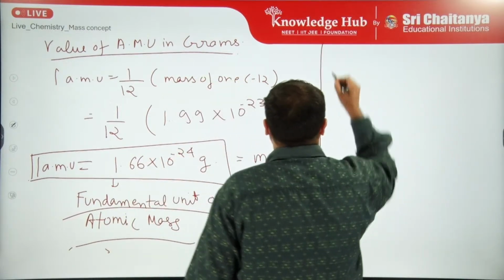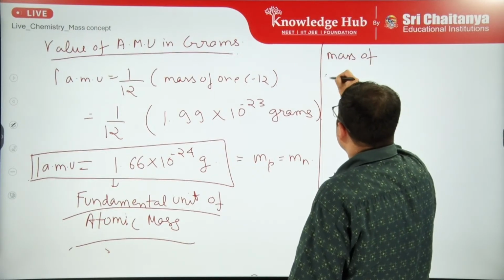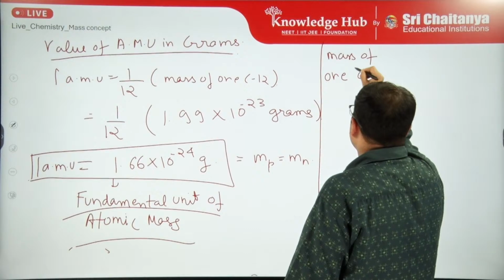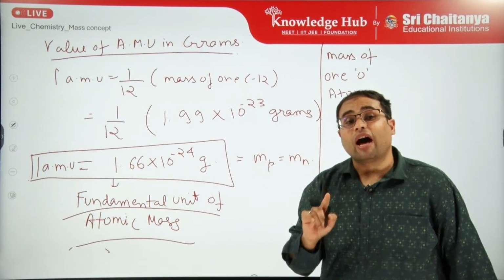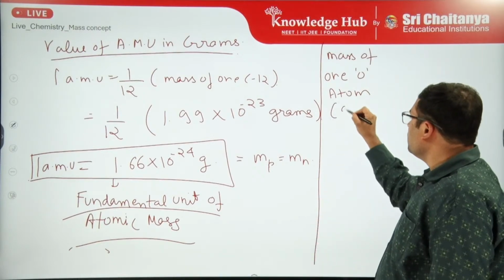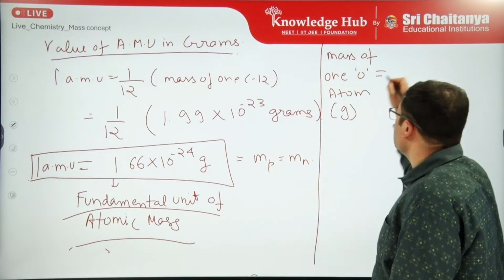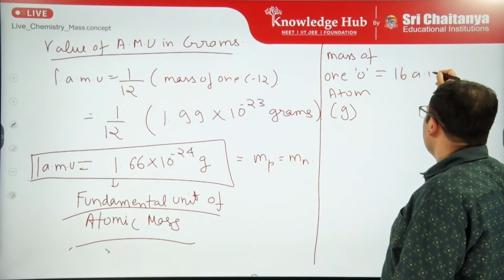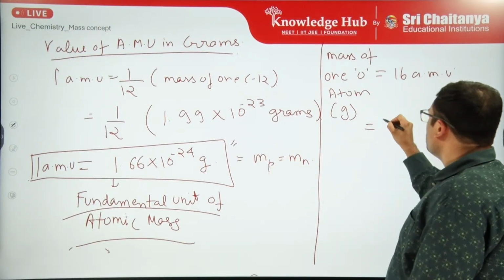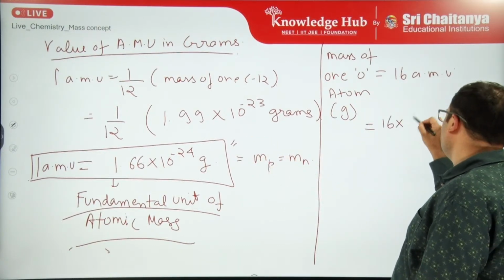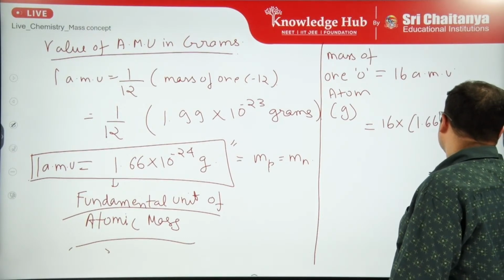So if I ask you the mass of one O atom, and this time I am asking you the mass of one O atom in grams, how will you do that? We know that the mass of one O atom is 16 AMU. So simply we know that 1 AMU is this. So multiply this by 16, 1.66 into 10 raised to power minus 24.